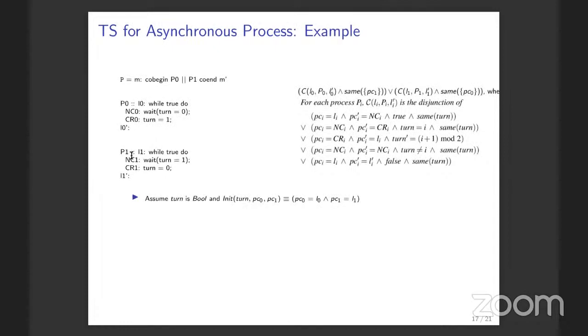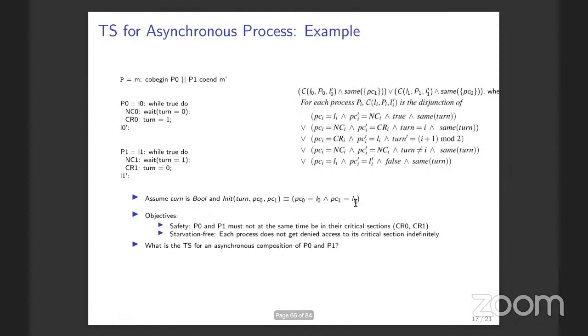So what we have is, initial state: turn is bool, and PC0 is at L0, and PC1 is at L1.